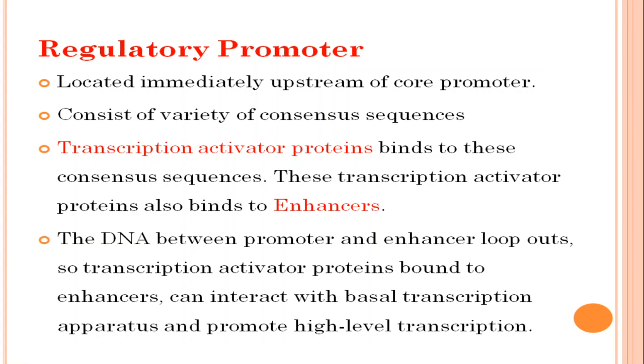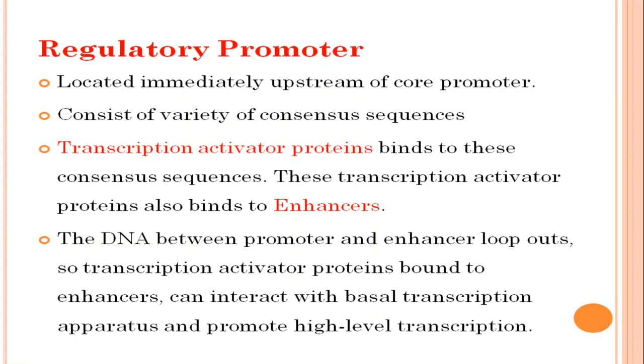These transcription activator proteins also bind to enhancers. We will see where the enhancers are located. So keep in mind, as we discussed, two types of proteins: general transcription factors and transcription activator proteins. General transcription factors bind to the core promoter, and transcription activator proteins bind to the regulatory promoter.